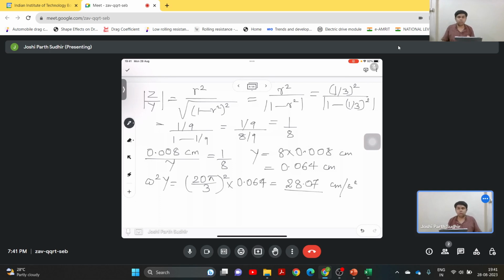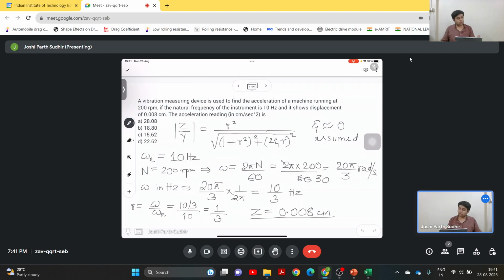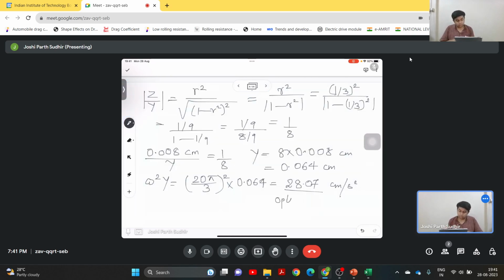Let us look at the options. Our answer closely matches option A, 28.08. So that is our acceleration reading, and the correct answer can be option A.